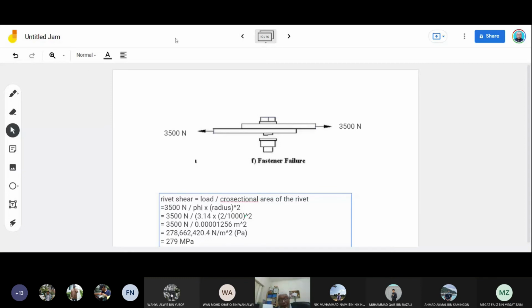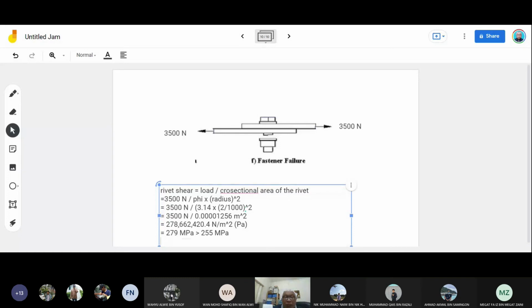However, just for the sake of this analysis, we say same material, where the shear strength of 2024 is 255 megapascal, which is less than 279. So the margin of safety will be 255 for the material divided by 279, which is 0.91, less than 1.0.